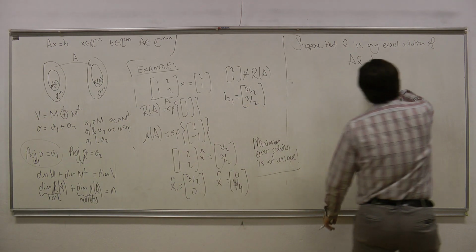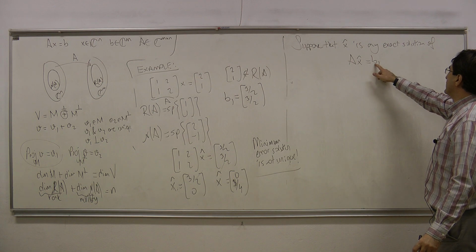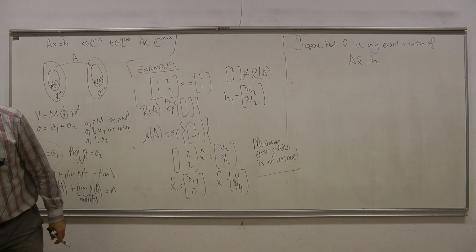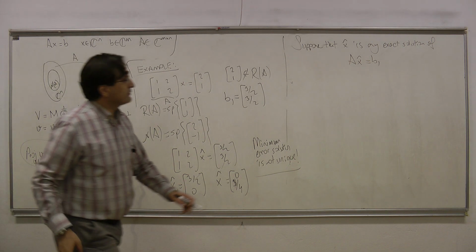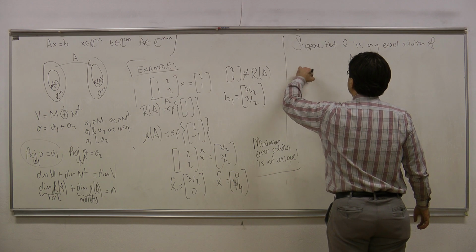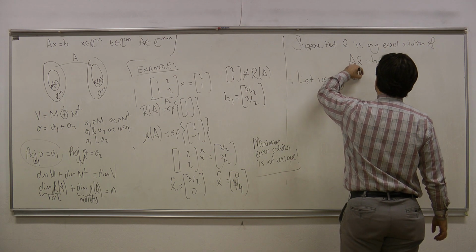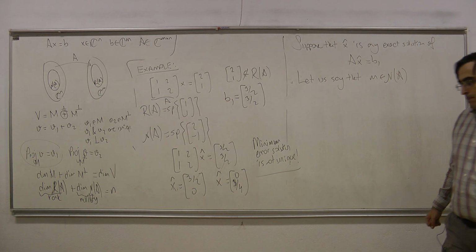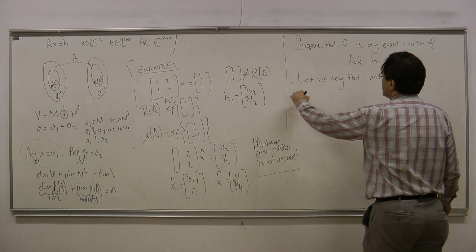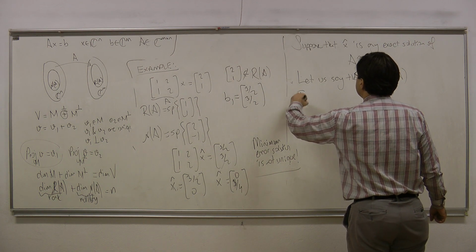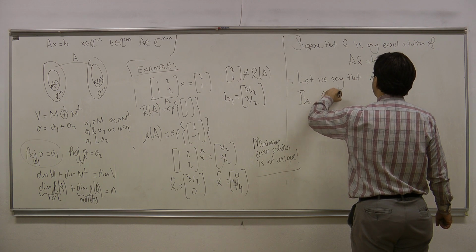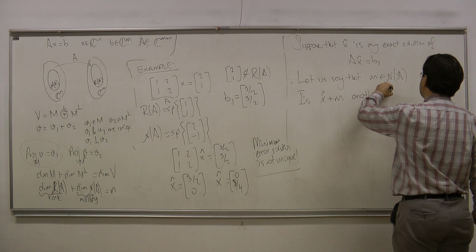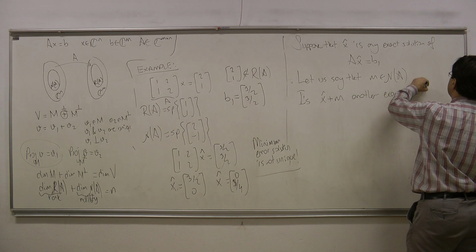Of course, to have at least one solution, I need to have a vector here which is an element of the range space. And in this case, let us say that M is an element of the null space of A. Then I'm going to ask the following question. Is X set plus M, this vector, another exact solution?